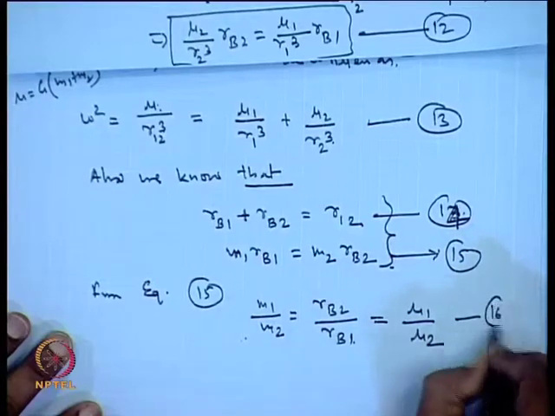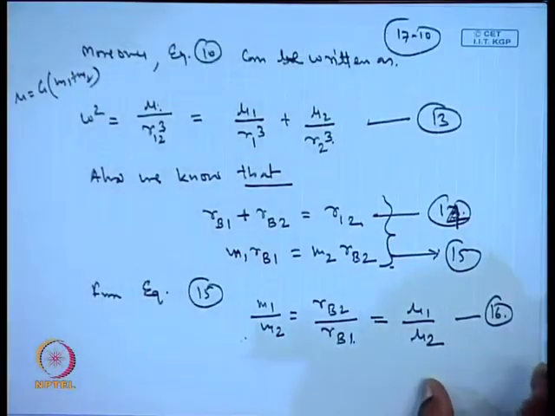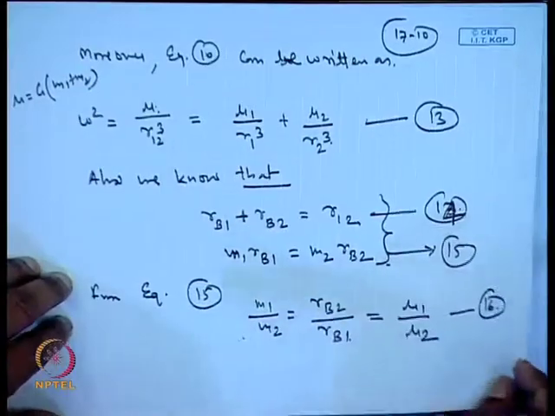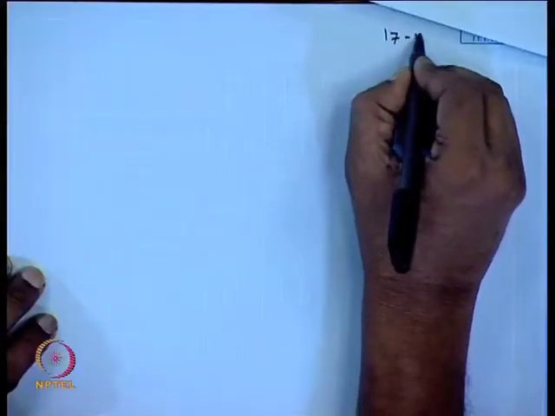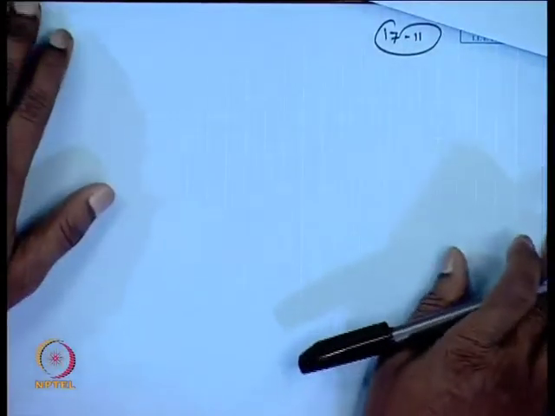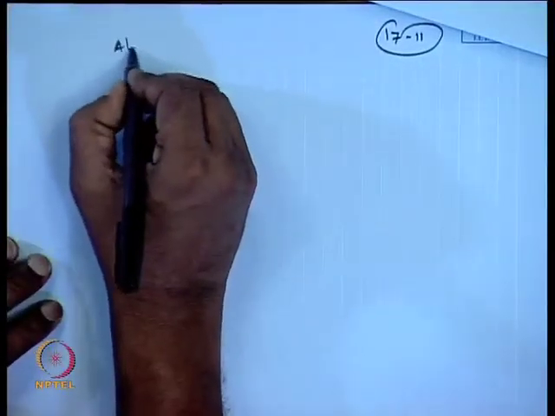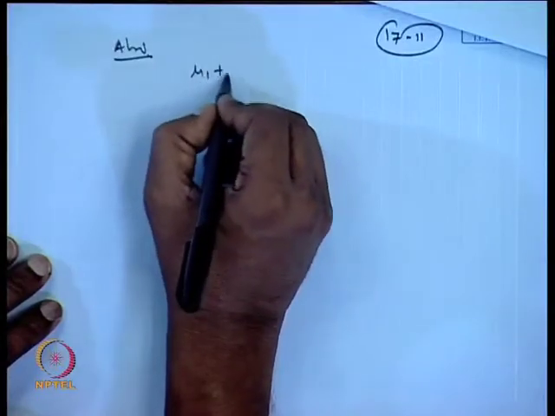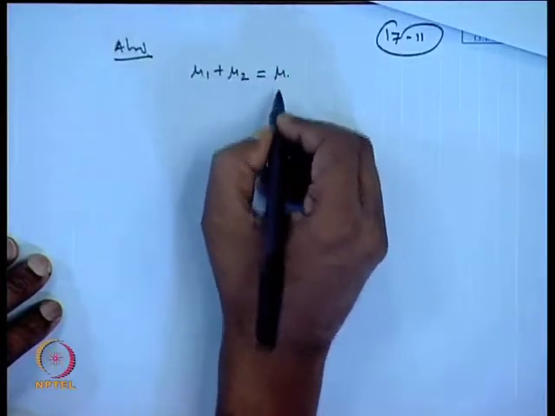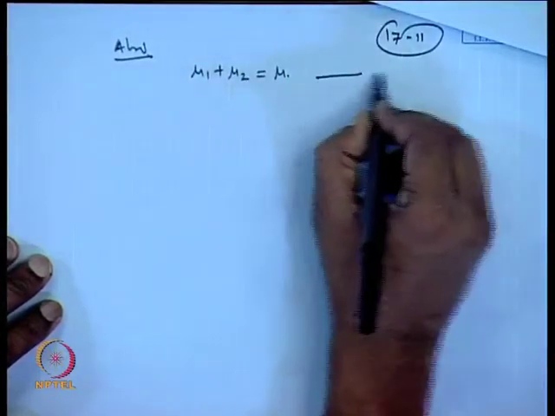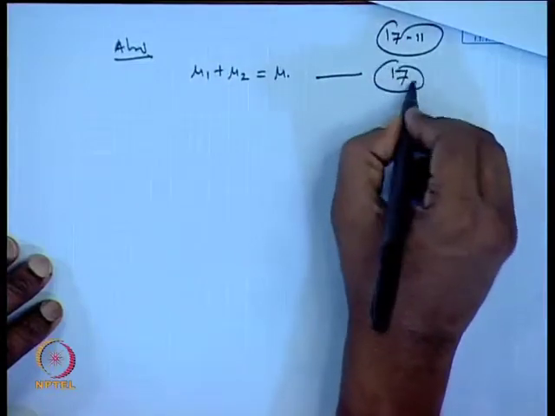So, this is our equation number 16. Okay. Also we will have mu 1 plus mu 2 is equal to mu. This we write as equation number 17.